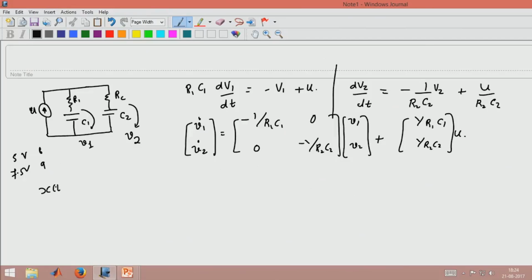Let me call this in the standard notation, x dot of t.